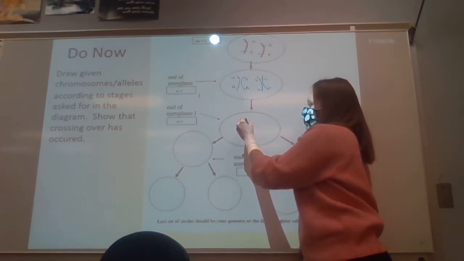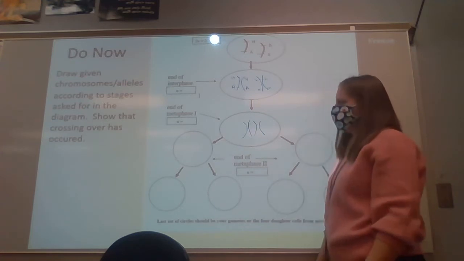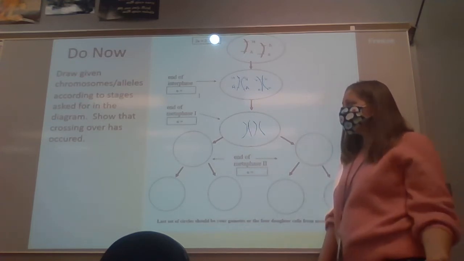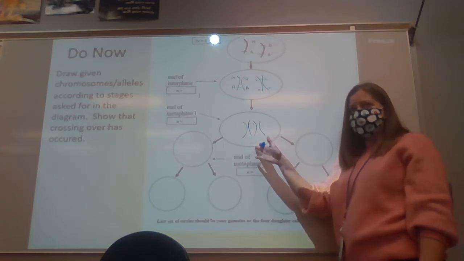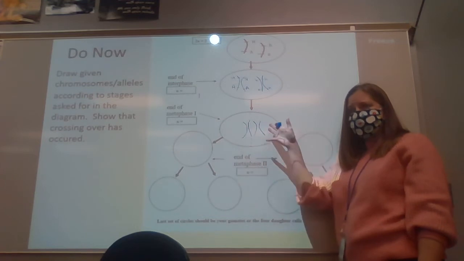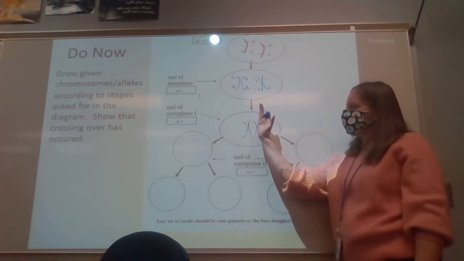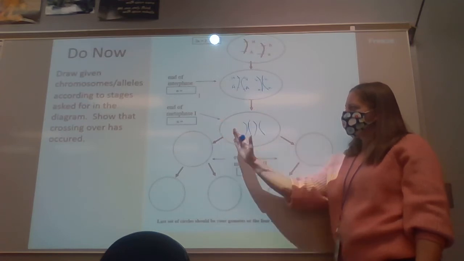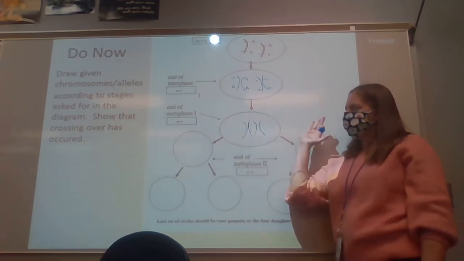So one will be on this side, the other one will be on the other side of the plate, right? Metaphase is a really important stage because there's a checkpoint that happens here, right? Because this is what decides what goes to what cell. So the chromosome that lines up on this side of the plate is going to go that way, and the chromosome that lines up on this side of the plate is going to go that way, right?